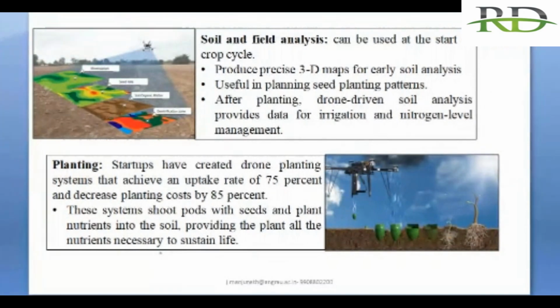As I told, LiDAR technology and thermal sensors can be used. We can also plant forest plants using drone dibblers, especially in forest areas, and we can plant seed material. Next.